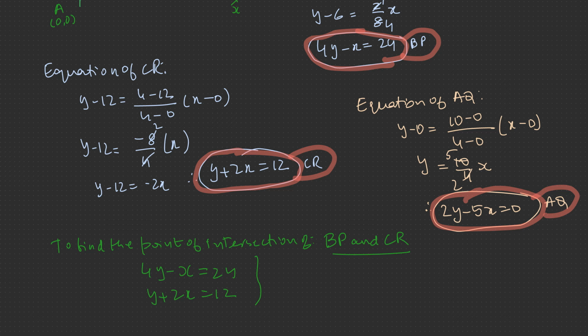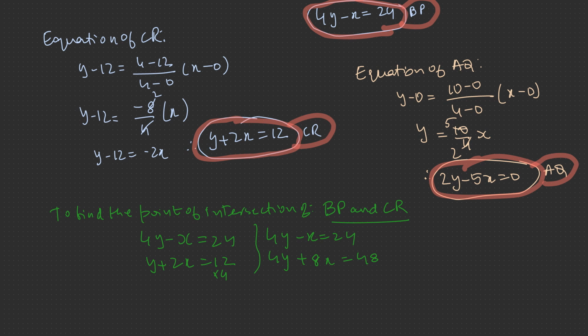So then I can multiply this by 4. I can write 4y minus x is 24, and I can write this as 4y plus 8x is 48.